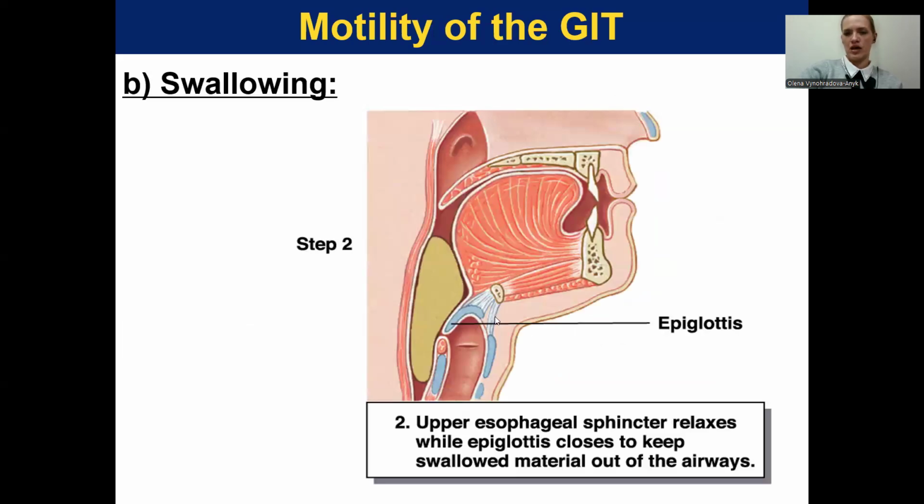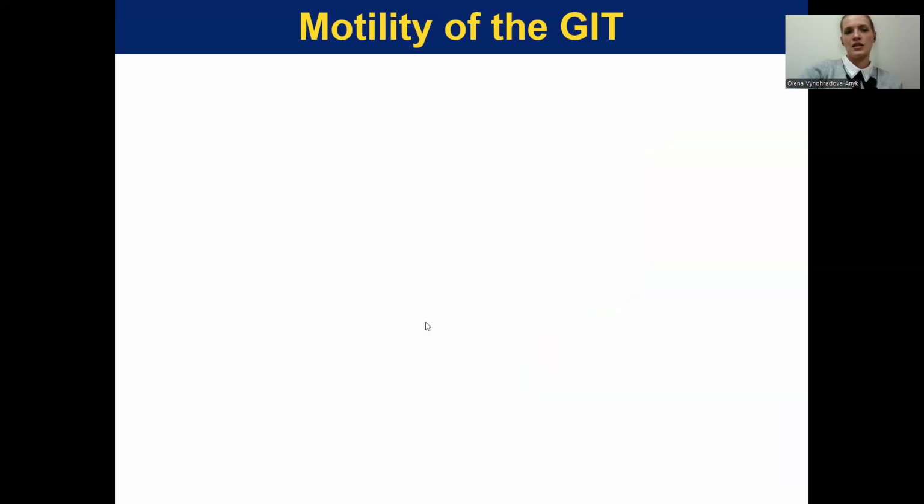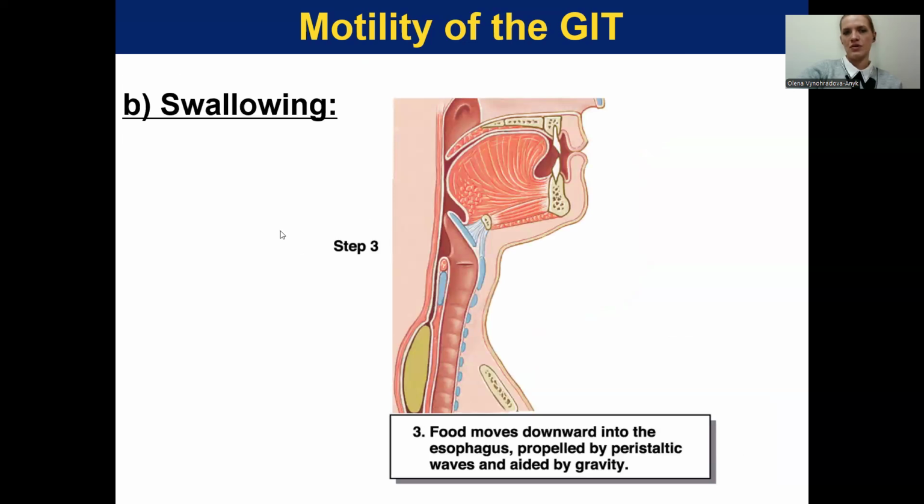Step 2: the epiglottis closes, you see, the epiglottis is closed, and that's why our bolus can easily move down the esophagus. And the third step, when swallowing happens, the epiglottis is opened again and our respiration renews.